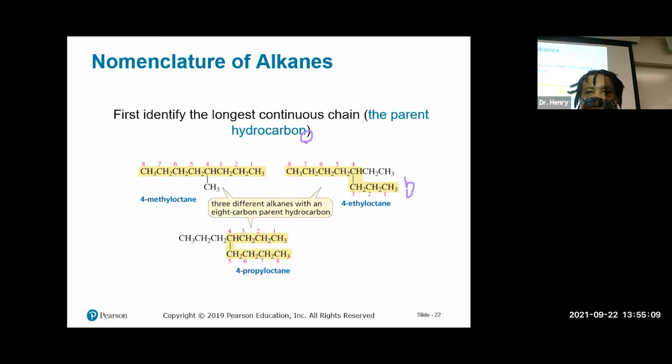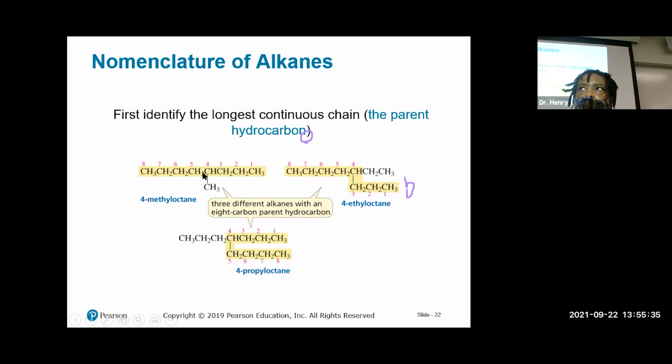Okay. So when we talk about systematic nomenclature or IUPAC nomenclature, we always want to go with the numbering that is going to give us our functional group or the side chain the lowest number. So if we take a look here, we could count this way: 1, 2, 3, 4, 5, 6, 7, 8. Right?